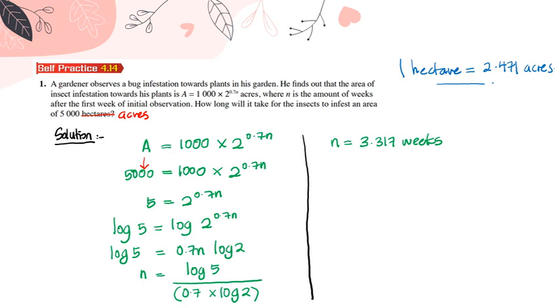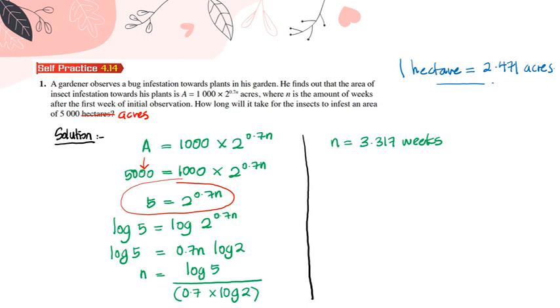And we divide 5000 by 1000 and we will get 5. So 5 is equal to 2 to the power of 0.7n. But for this equation, we cannot equate the base.